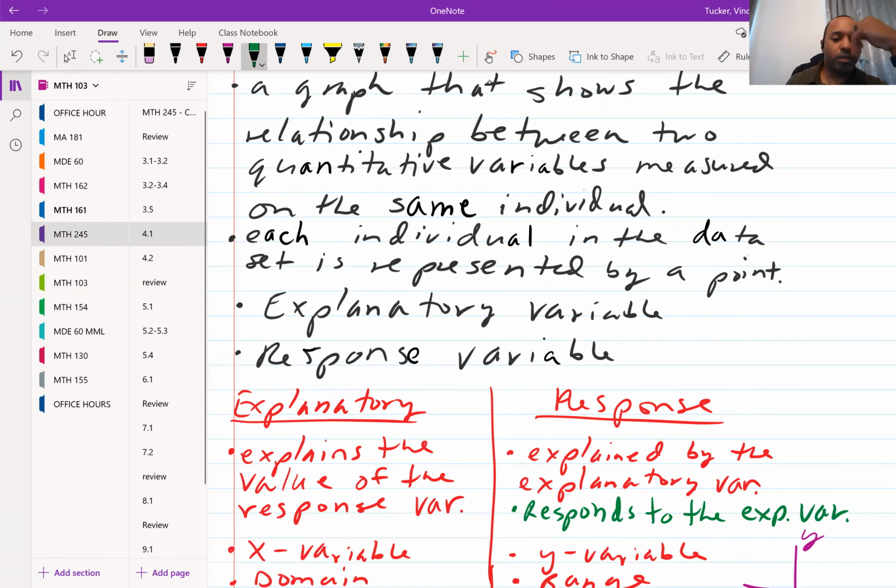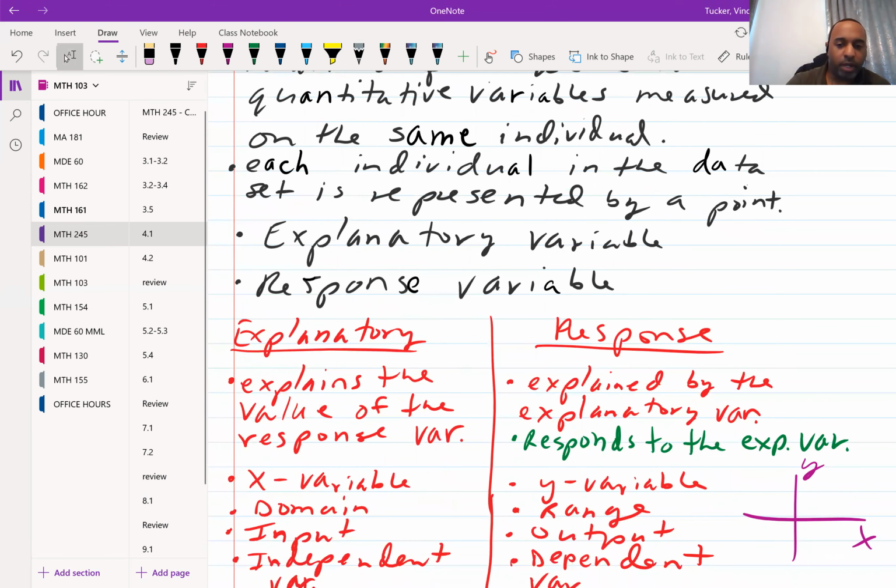So the differences between the two variables: your explanatory variable explains the value of the response variable. The response variable is explained by the explanatory variable, or in other words, responds to the explanatory variable. You'll see what we mean in a second when we put an actual example on it. But the response variable responds to the explanatory variable.